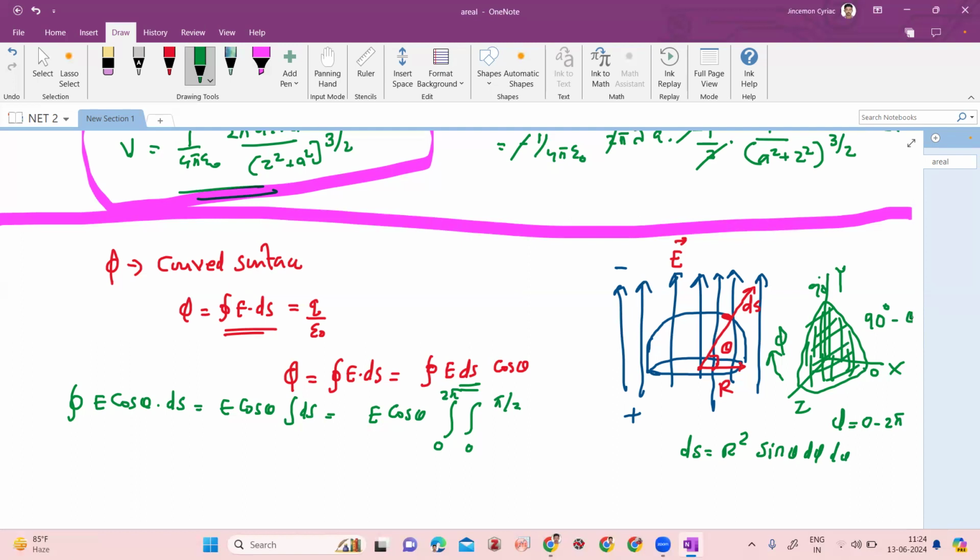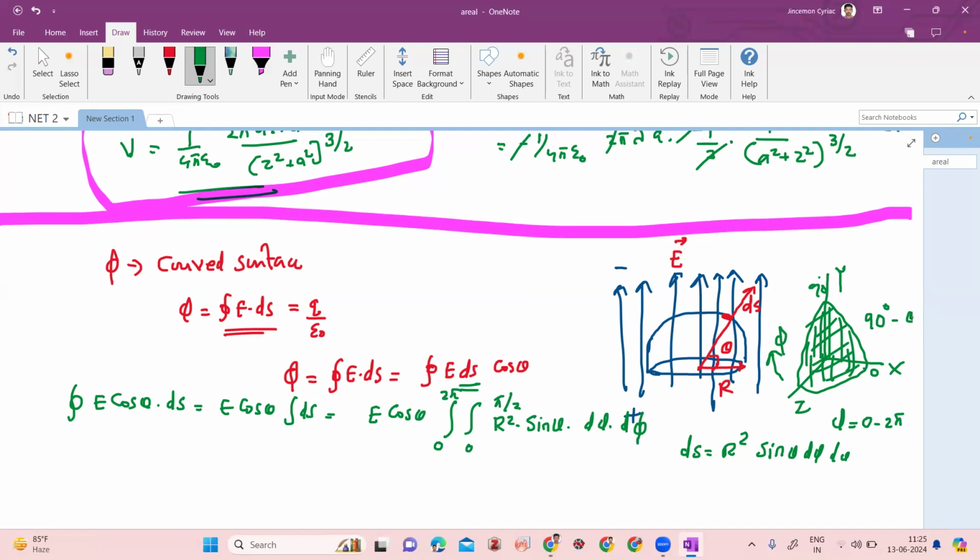Here, if r is the radius, we have r square into sin theta, with d phi from 0 to 2 pi.